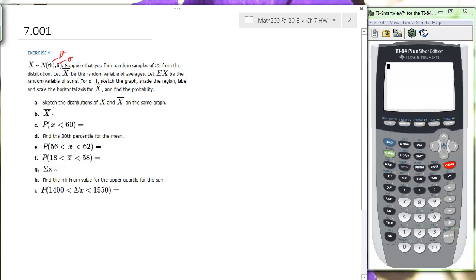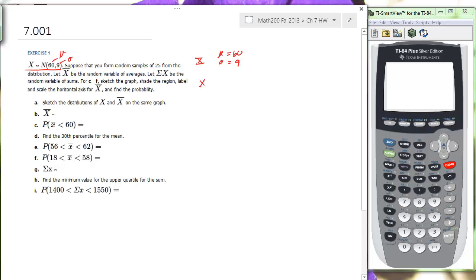Okay, the first question: sketch the distribution for x and x bar. So this is a comparison between x and x bar. For your random variable x, we have a mean of 60 and a standard deviation of 9, and so by this notation we see that.